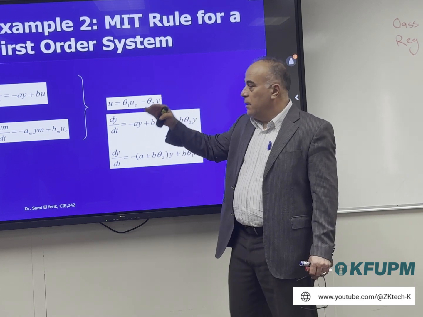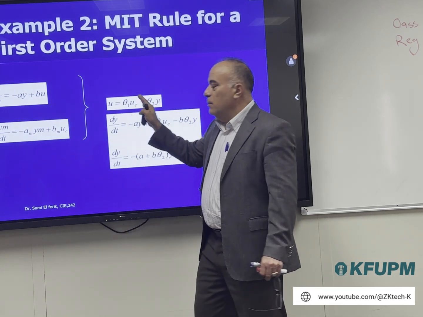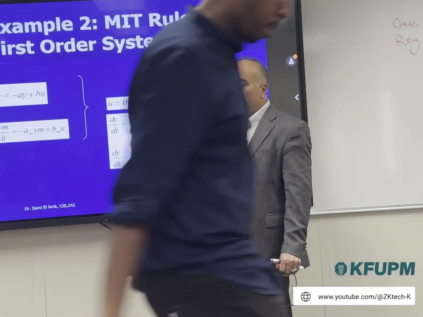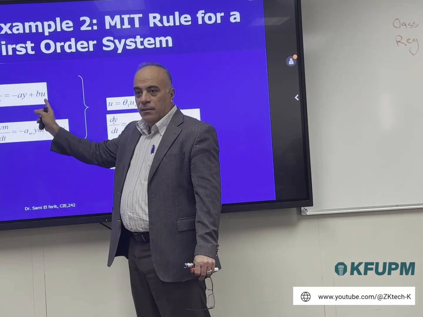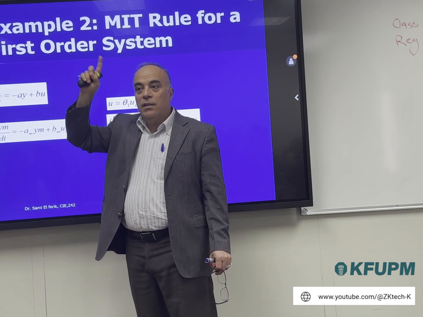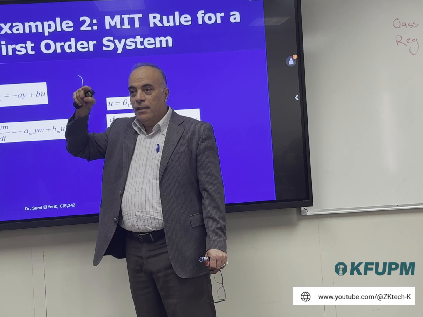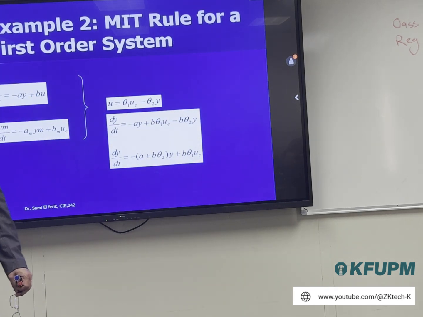First we start with the system and the reference model, and after that we assume the structure of the controller. Now for this system we have two parameters, a and b. In the previous example that I did with the feed forward, there was only one parameter, k, which is the amplification that happens in steady state. In this one we have two parameters. So since I have two parameters, I had to have at least 2 degrees of freedom in order to satisfy these two parameters.